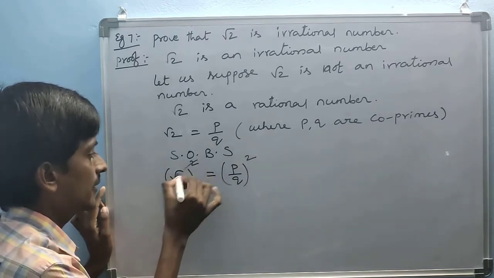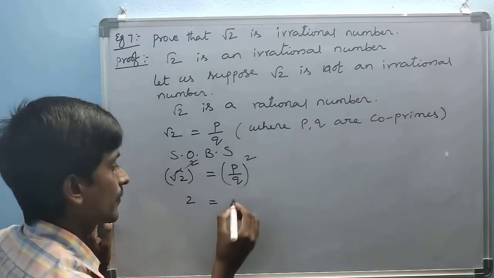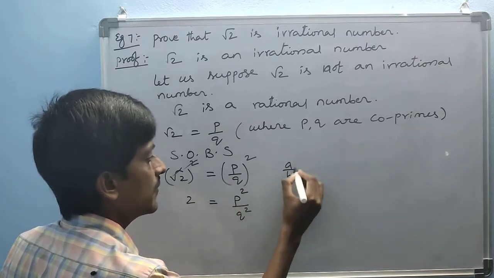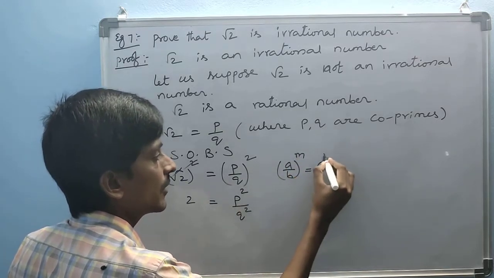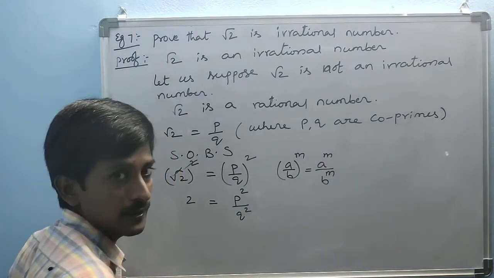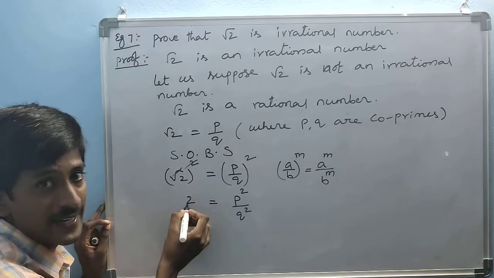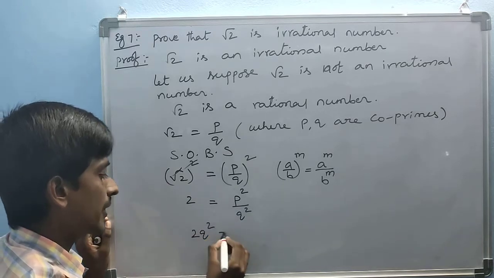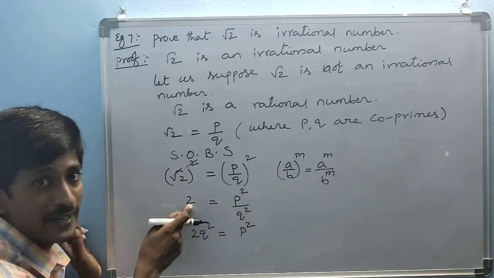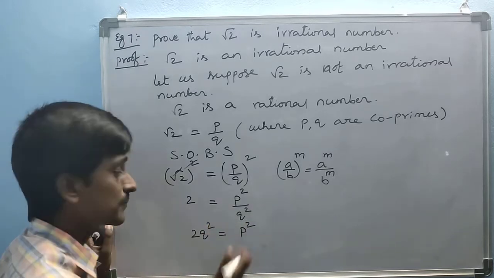Here, cancel the square and the root. 2 equals p square by q square, because a by b whole power m equals a power m by b power m, the exponents formula. Here q square is divisible, transfer to this side. 2q square equals p square. Here divisible, it is transferred to this side as multiplication. 2q square equals p square.